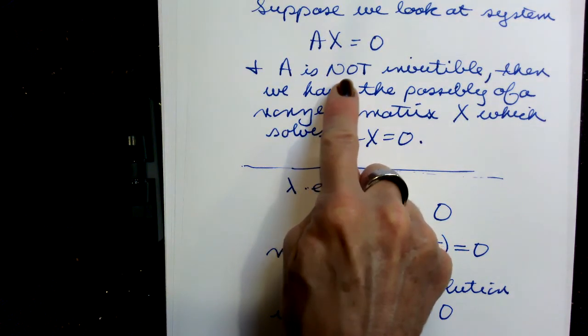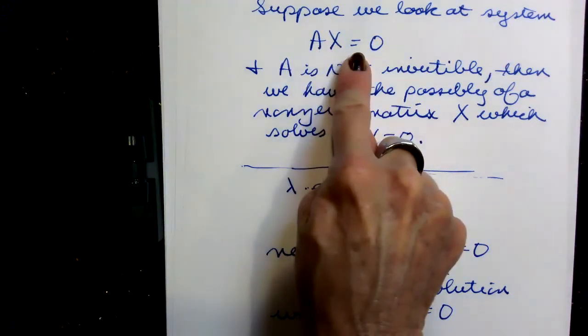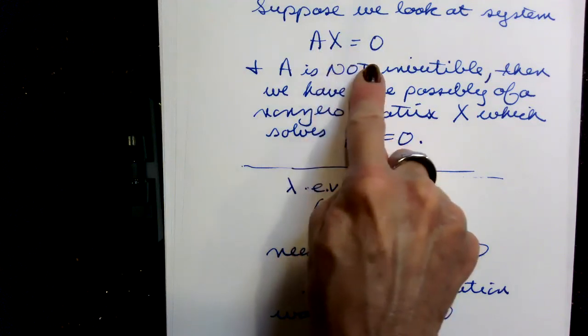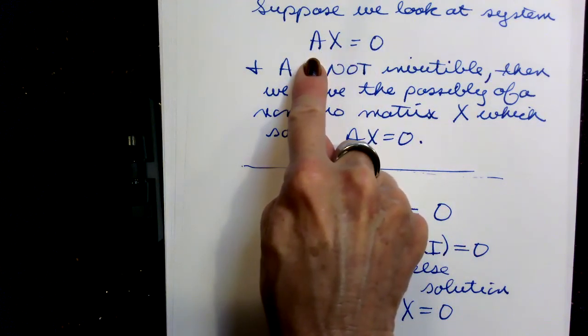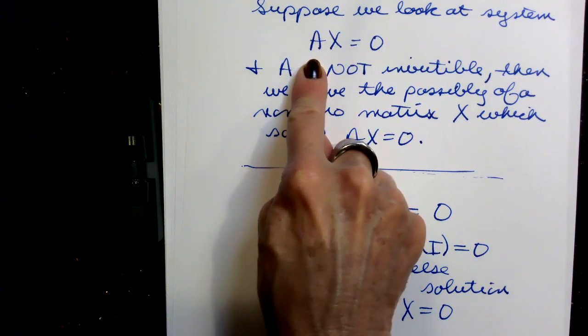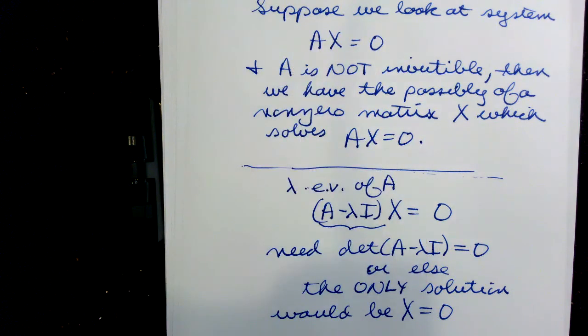The only way you can have X as something other than 0 as a solution is to have A be not invertible. And that means its determinant must be 0. Okay. All right. So that's the point of this little lecture. Hope you find that helpful, and I'll see you again soon.